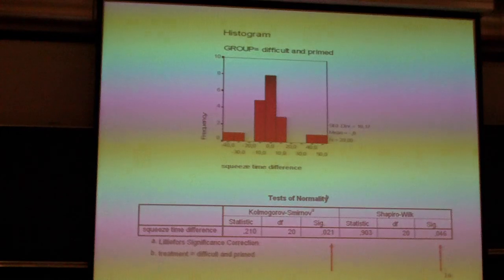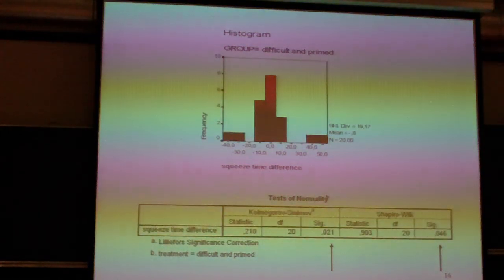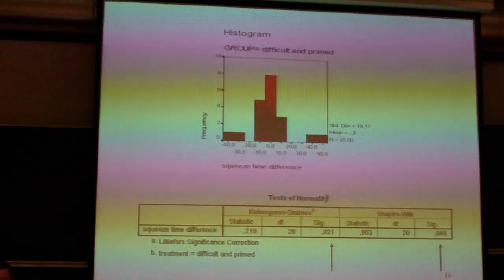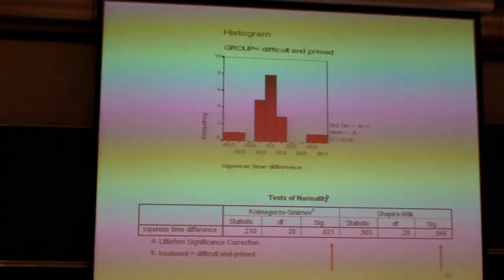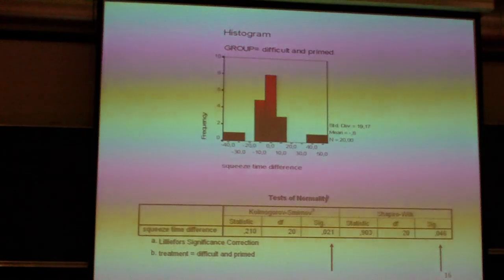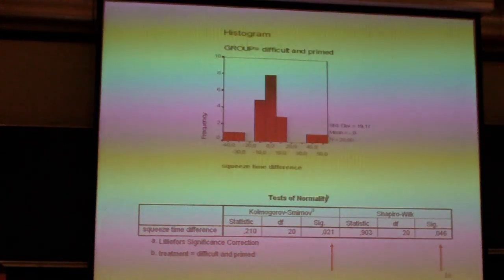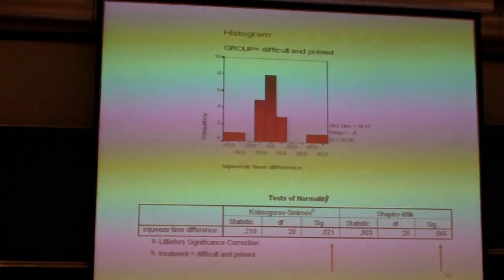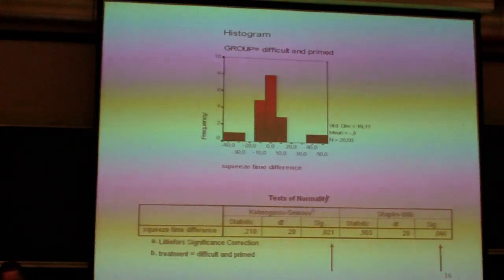Nonetheless, we can see that the normality tests indicate that it is not likely that this particular distribution is coming from a normal distribution, and as we shall see, that has to do with the fact that many of the scores seem to be grouped in the middle, more than you would expect in a normal distribution.